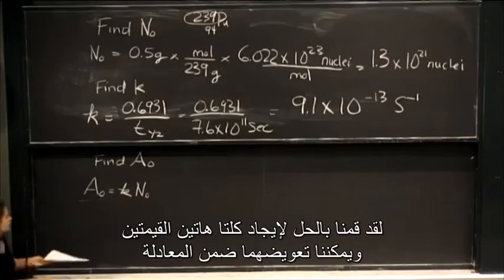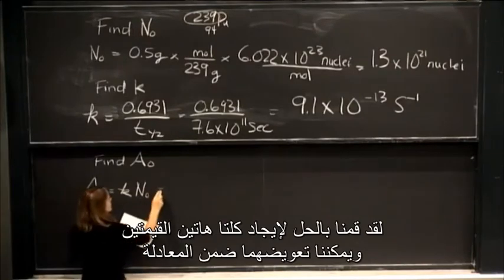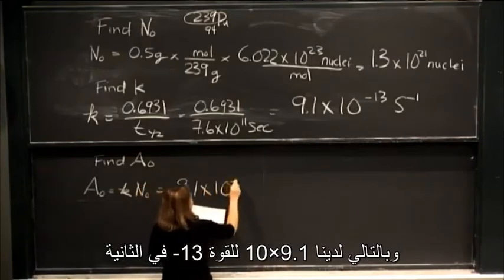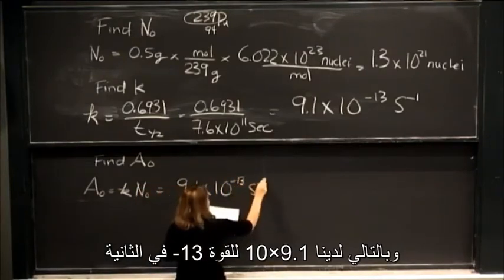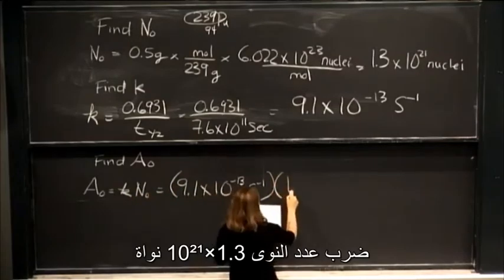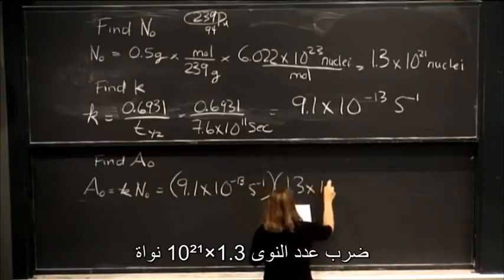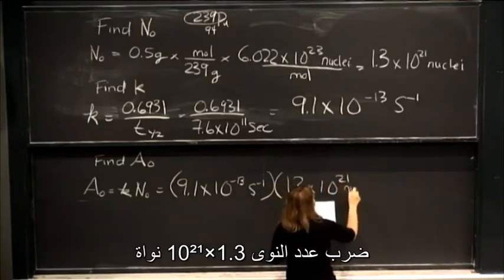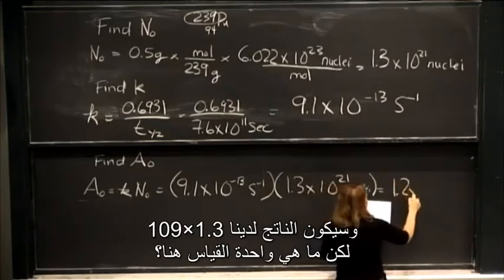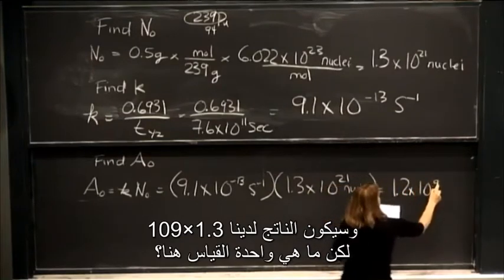We've just solved for both of these, so we can plug these in. So we had 9.1 times 10 to the minus 13 per second times the number of nuclei, 1.3 times 10 to the 21 nuclei, equals 1.2 times 10 to the 9.